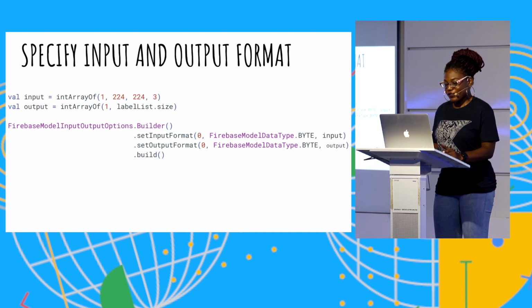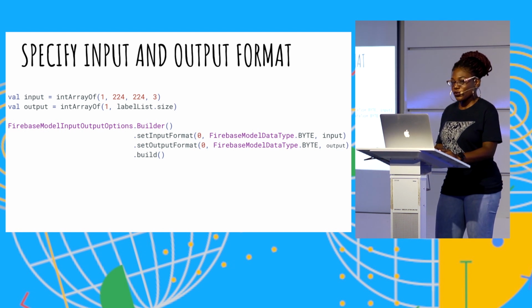And then we also specify the output condition. So we're also returning an array of 1. And then we have the label list size. Remember the label list that contains all the different items that the model can recognize.